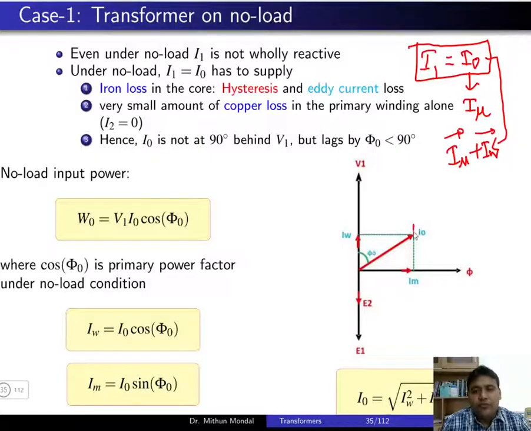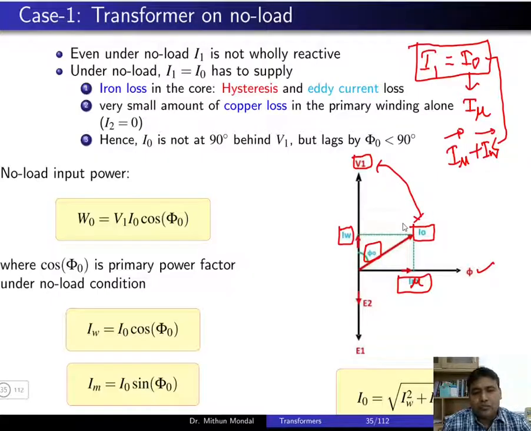If you draw the phasor diagram of I naught, we can see that there are two components. One is the magnetizing component I mu, which is in phase with the flux, whereas the other component IW is in phase with the supply voltage V1, and the no load power factor angle is phi naught. Phi naught is basically the angle between the voltage and the current at no load.